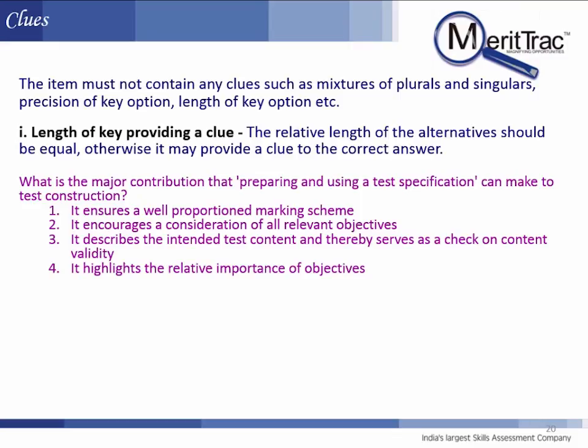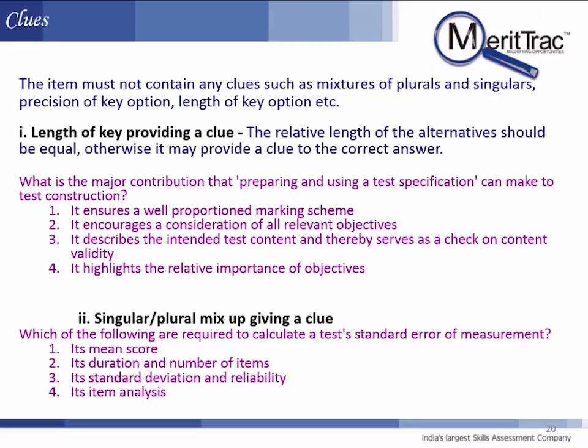So we don't take so much care to put qualifiers so that it becomes homogeneous and really parallel. No, we don't do that. As a result, the relatively lengthier alternative most of the time ends up being the key or the right answer.